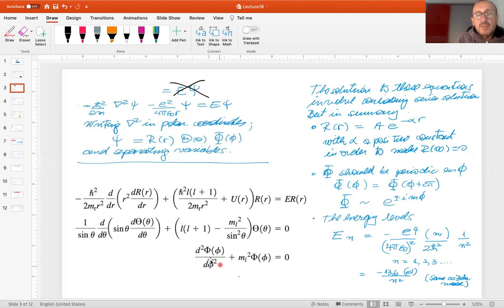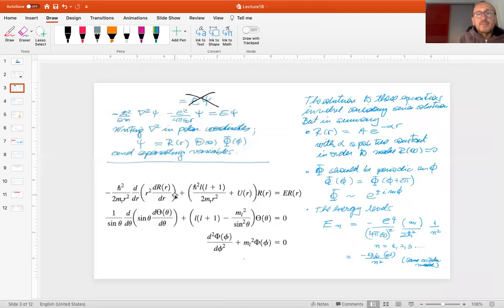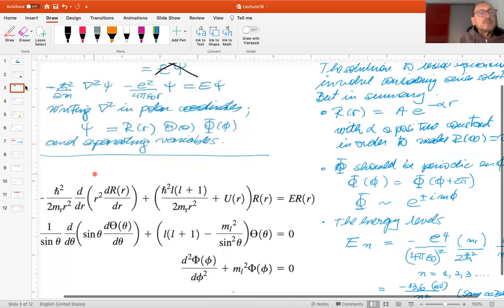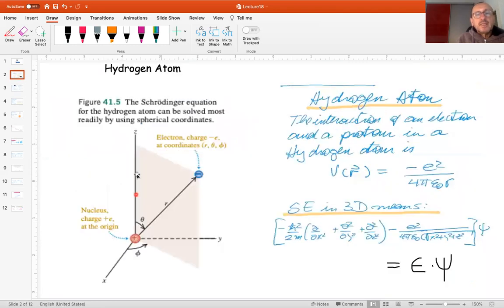spatial derivative with respect to phi. Let me get to the diagram here. This is the z-axis, this is the phi axis. So the Lz component of the wave function has to do with whatever solves the eigenvalue problem with the derivative with respect to phi.